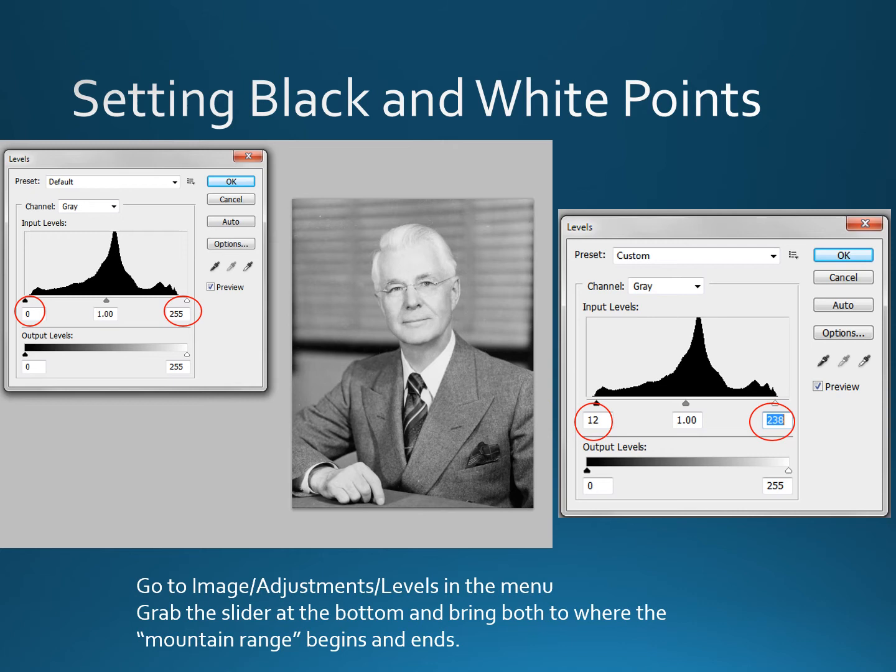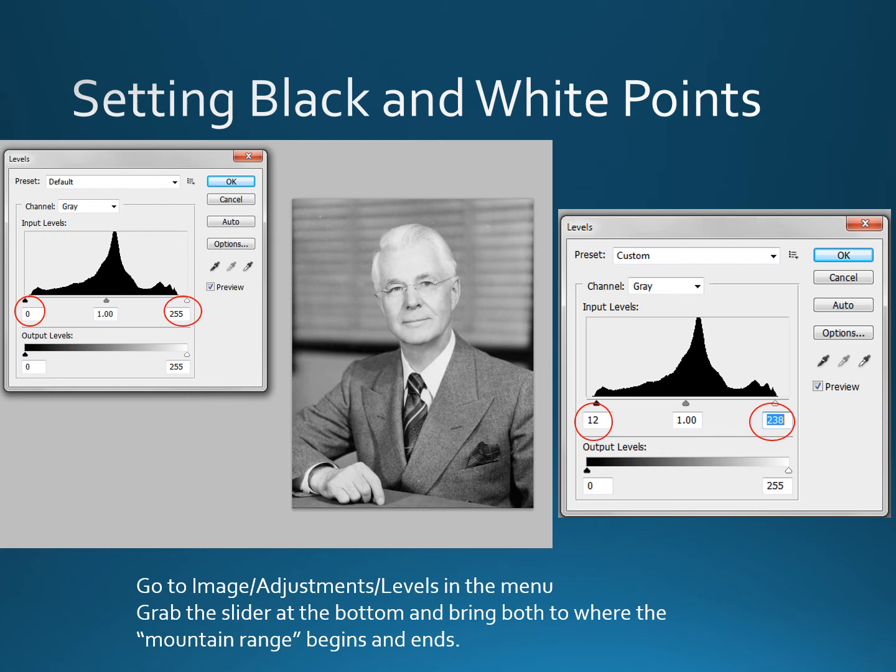So what we want to do is pull out, or basically make available, as many tones of either gray or black or white or color, whatever it is that you're working with. We want to make as many of those tones available when we view the image as possible. And we do that by resetting these points.